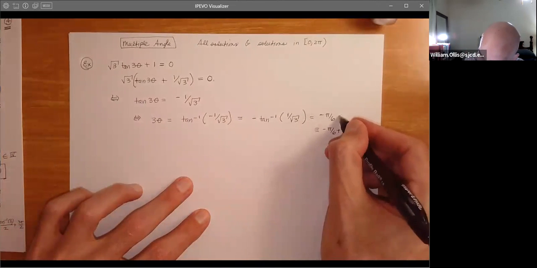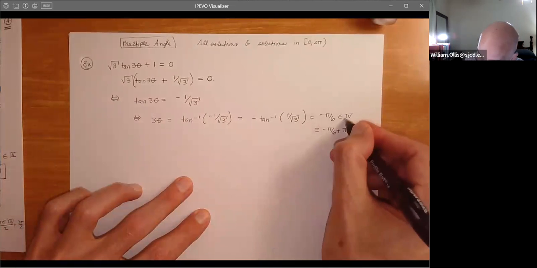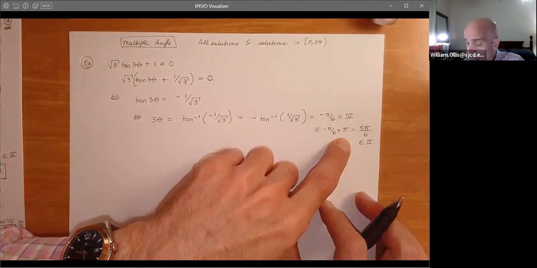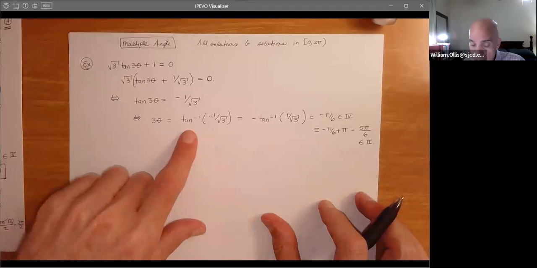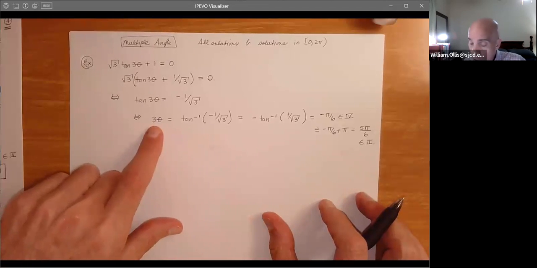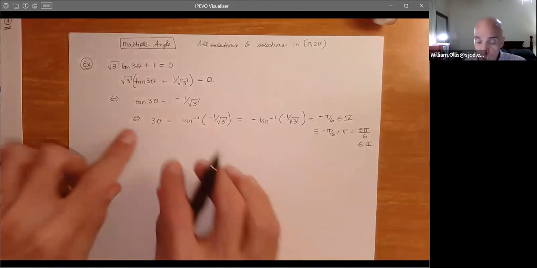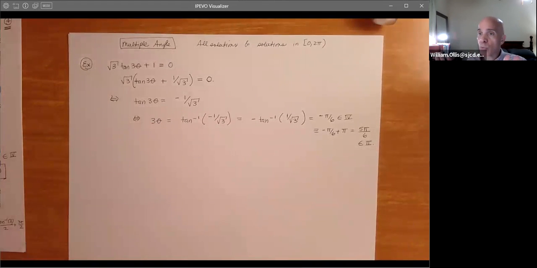Let me just write this. This is in the 4th quadrant. So we can mod out by pi, in this case, to get an equivalent. Again, we're just saying that the argument equals this, okay? So we're just treating this like a regular old phi or whatever. It's just the argument. Okay, now we've done the problem just like we always do.